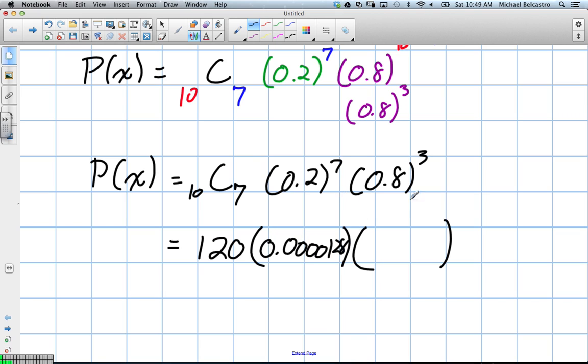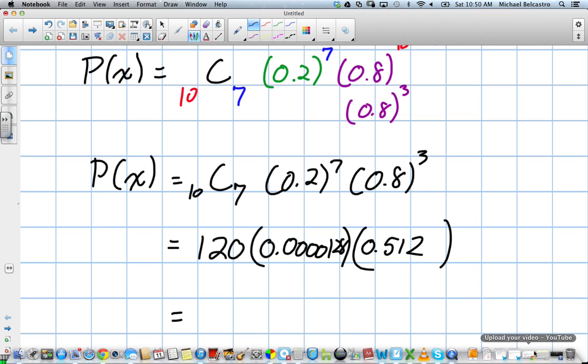And then probability of failure. 0.8 to the power of 3 is 0.512. Great. And then all we have to do is multiply all these numbers together.